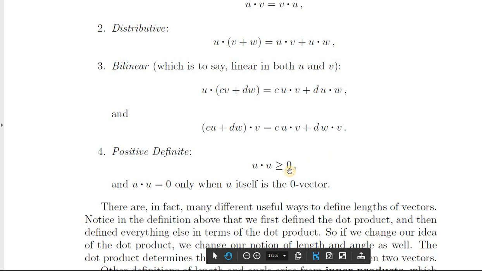Remember, we defined length as the square root of the dot product. And we defined angle as the dot product divided by the product of the lengths of the vectors. So once we have a dot product, we can define length and angle. And it turns out that once we have any binary operation like this that involves 2 arguments that satisfies these 4 properties, we can define a length and an angle.